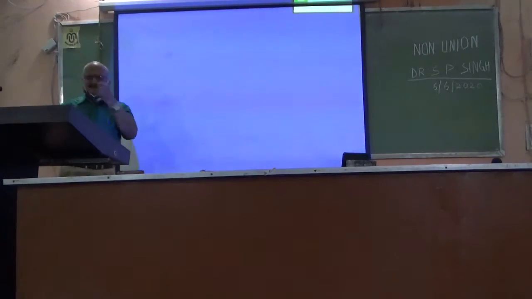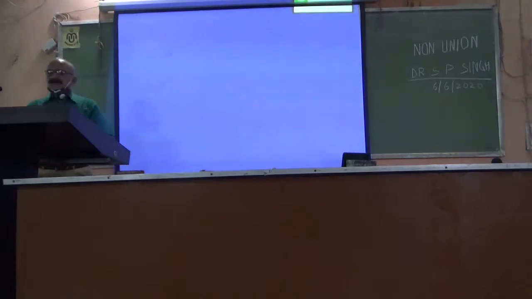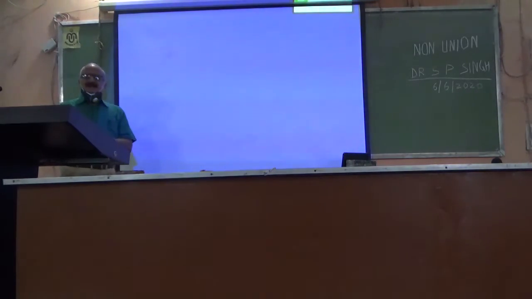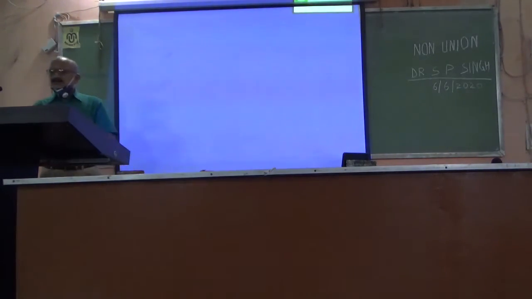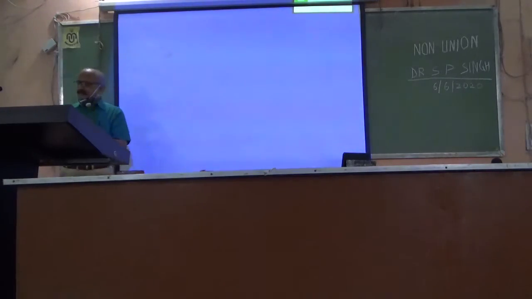This is a clear-cut situation when we start thinking whether this is a non-union of the bone. Then absence of tenderness. The moment you start palpating, you look for tenderness, there is no tenderness. And of course, in X-ray, there are different signs of non-union, which I will come to later.